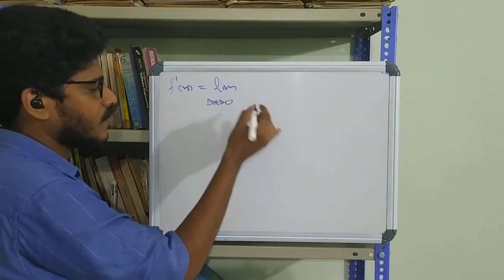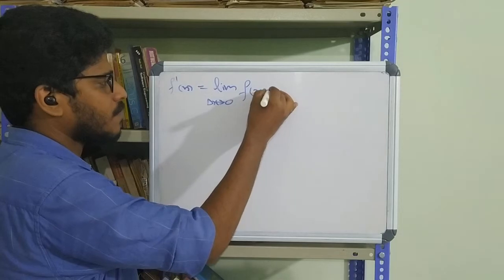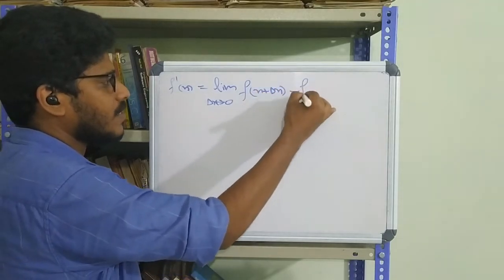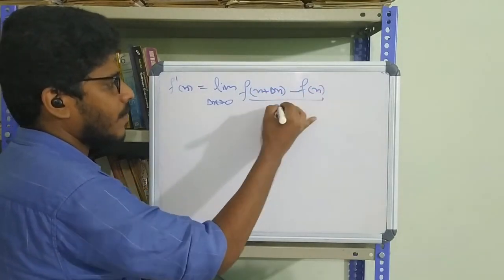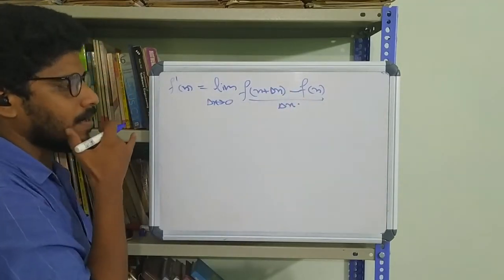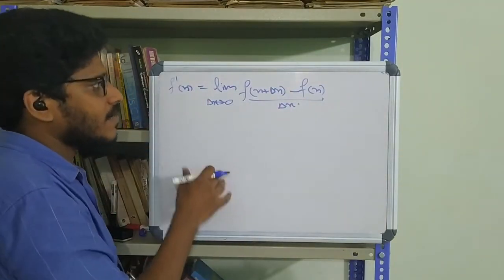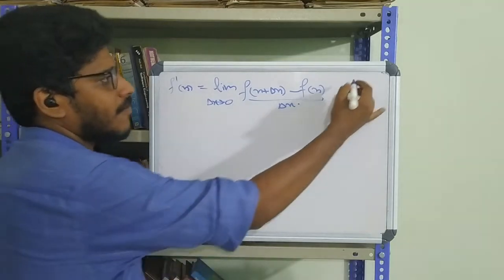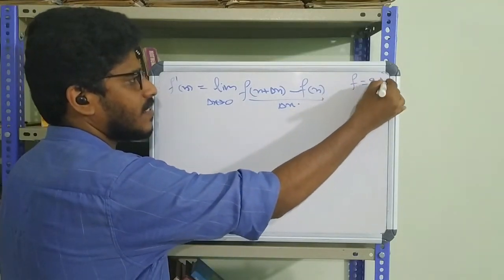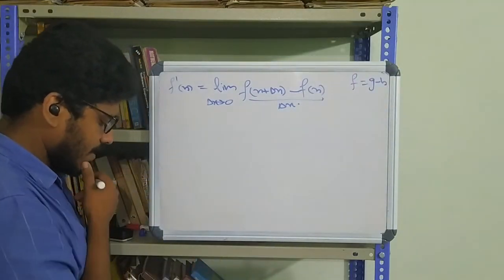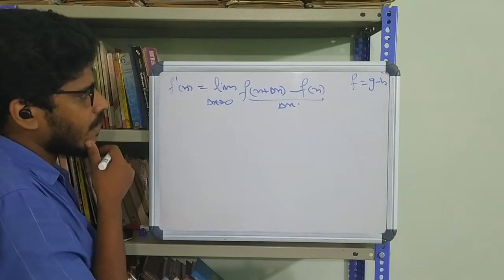Delta x tends to 0, f of x plus delta x minus f of x divided by delta x. Right. If it is the case and we have f equal to g minus h. That's how we defined f.